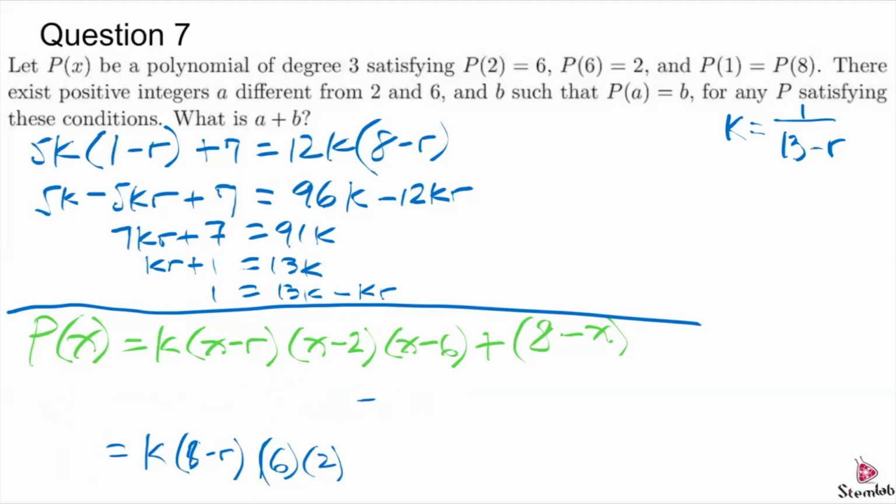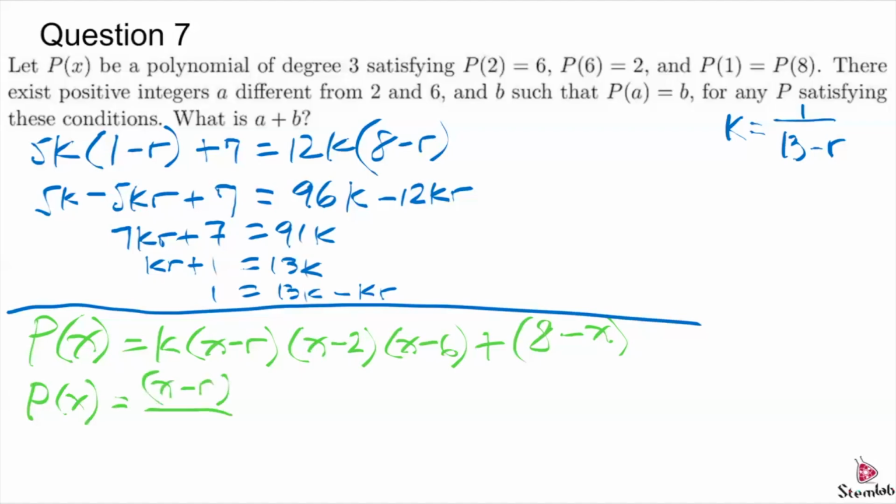We can rewrite this polynomial in green as, getting rid of k, P of x is x minus r divided by 13 minus r, replacing k, times x minus 2, x minus 6, plus 8 minus x.